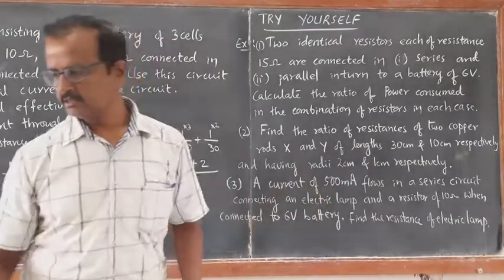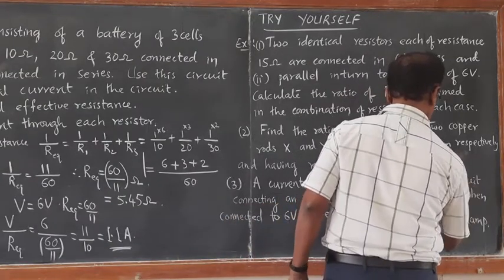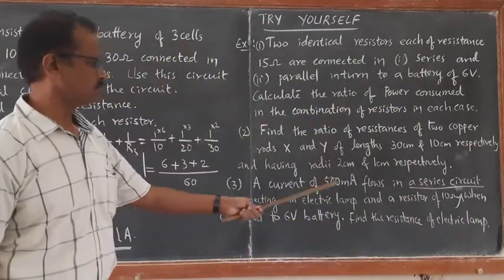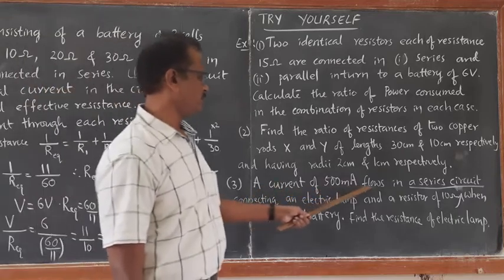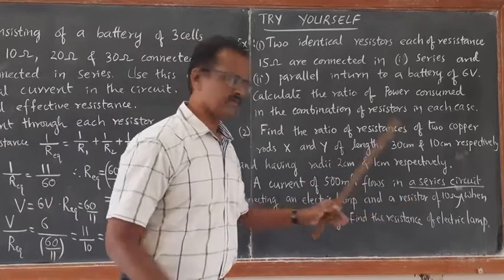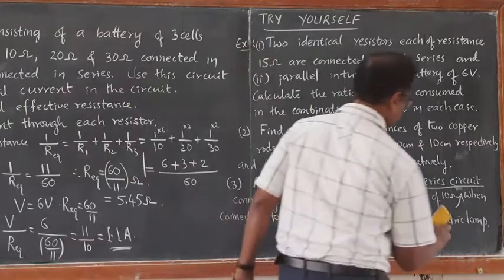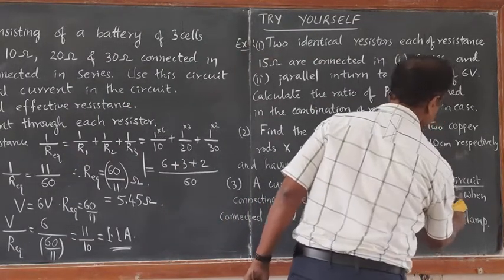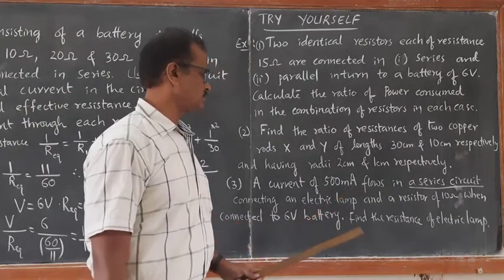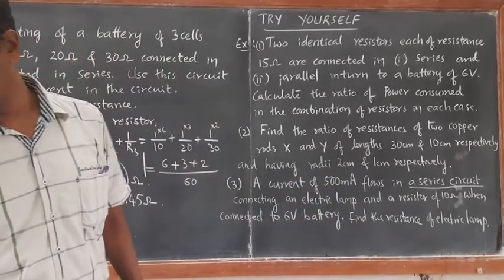The series circuit is already given, so there is no need to write it again. The 6 volt battery is connected to this combination. Find the resistance of the electric lamp. I think you will be able to solve this.